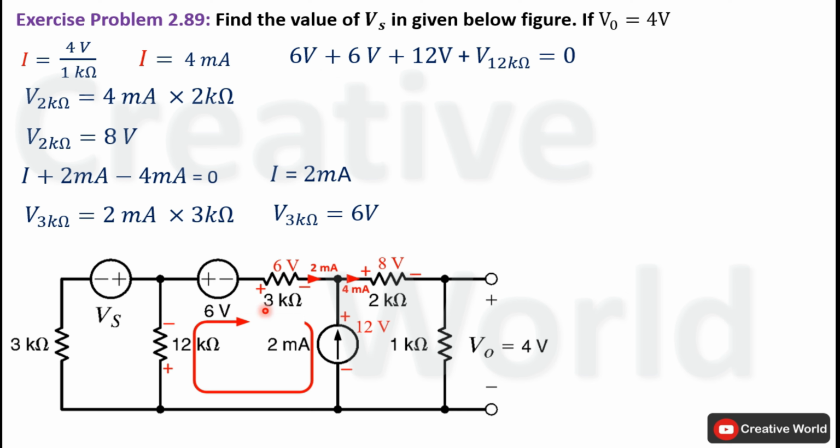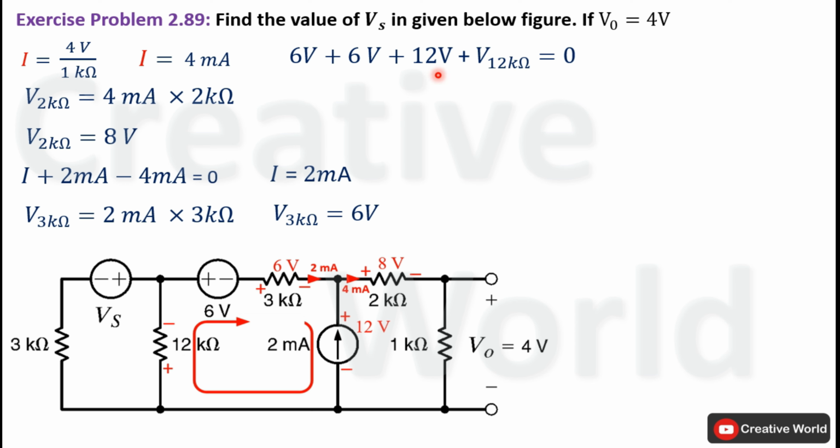Next is 3 kilo ohm resistance, current entering terminal is positive, so voltage across this resistance, that is 6 volt, will be taken with positive sign. Next is constant current source, current entering terminal is positive, so 12 volt will be taken with positive sign. And at the end, current entering terminal is positive, so voltage across this 12 kilo ohm resistance will be positive.